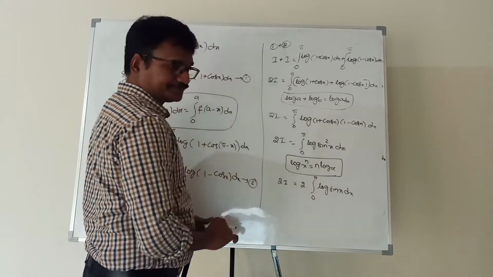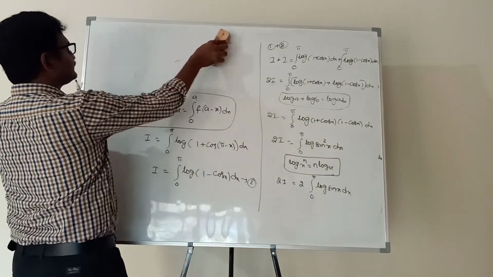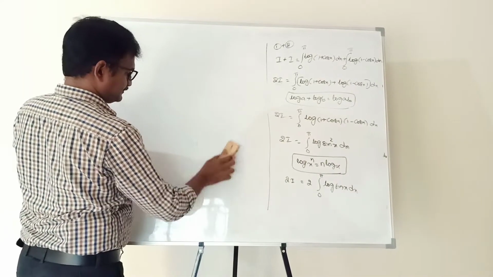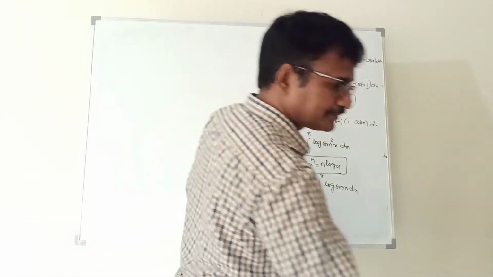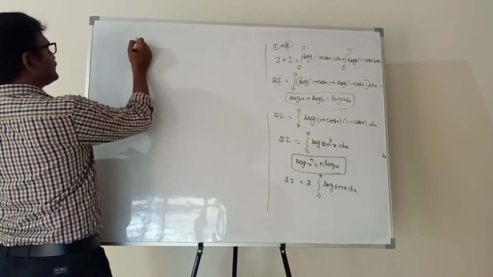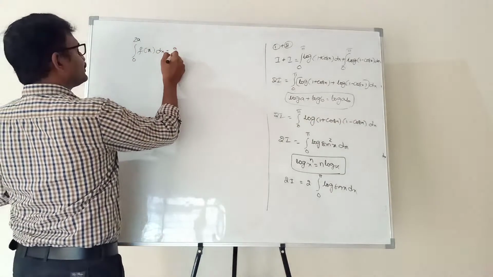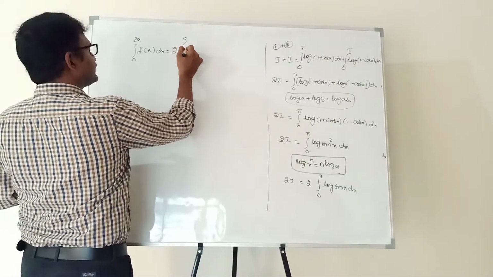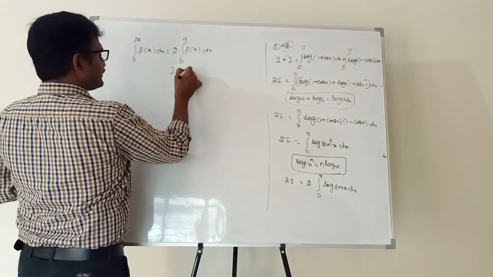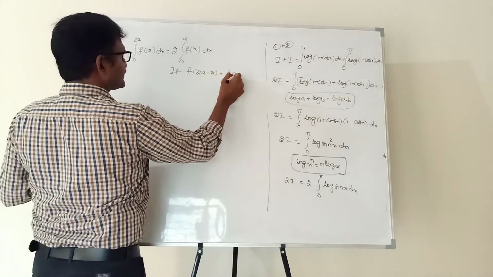Next, the integral of 0 to 2a f of x dx is equal to 2 times the integral of 0 to a f of x dx if f of 2a minus x is equal to f of x.